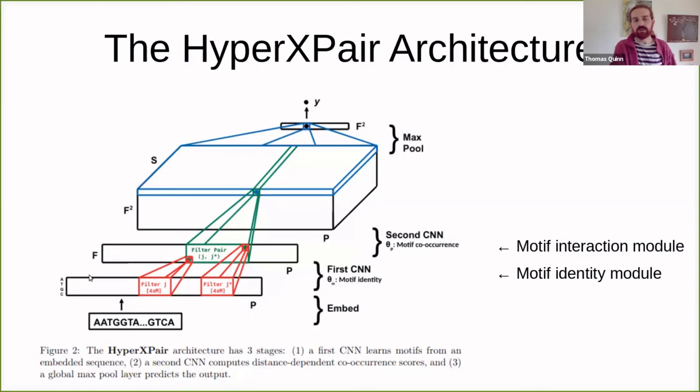Those convolutional filters are applied over the one-hot encoding to get what I call a motif activity map. In other words, for each of the motifs, which we'll say there are F motifs, we'll get some value which represents how closely that motif maps onto that part of the DNA. So it gives us sort of a squiggle line where a peak in that squiggle says that motif is present at that position.